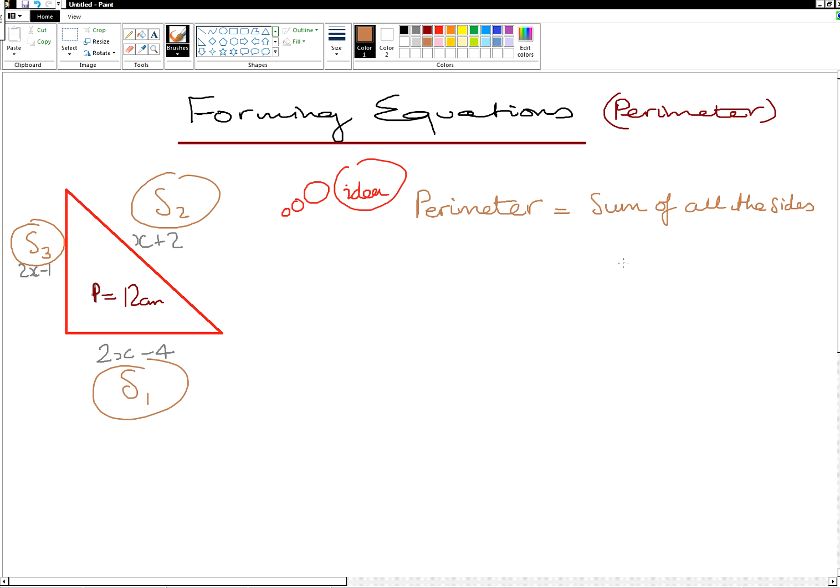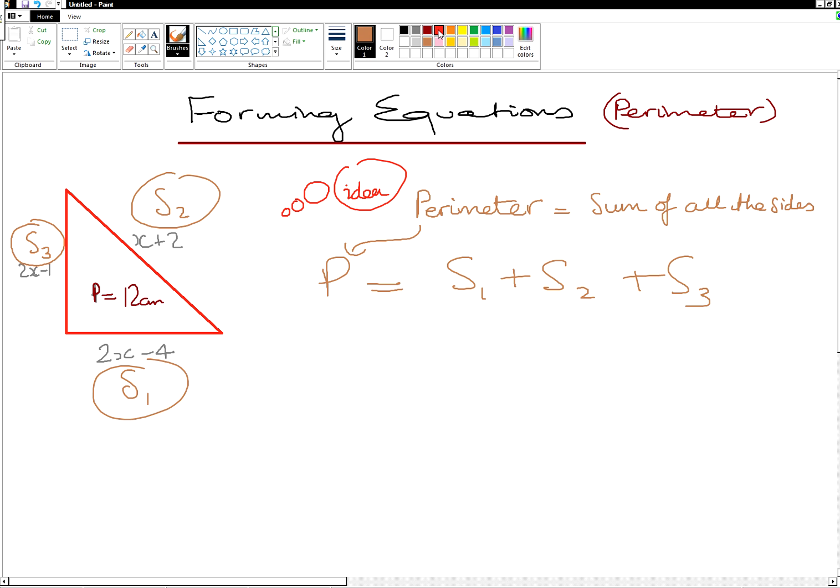It's the distance around the outside of the shape. So we can say P is equal to S1 plus S2 plus S3. S1 is side 1, S2 is side 2, and S3 is side 3. I've written a shorthand, so don't get that confused with anything else.